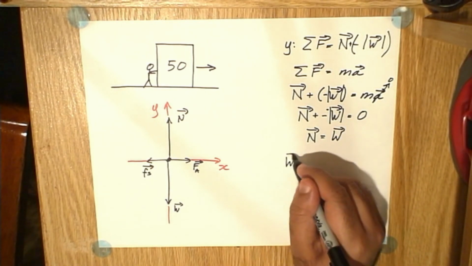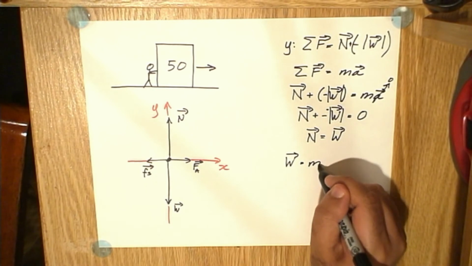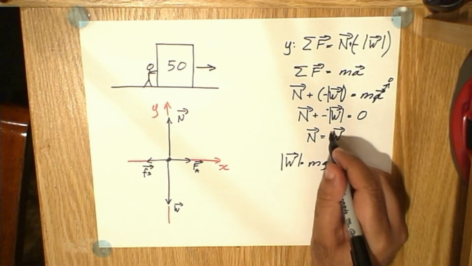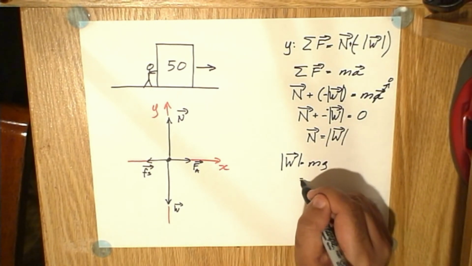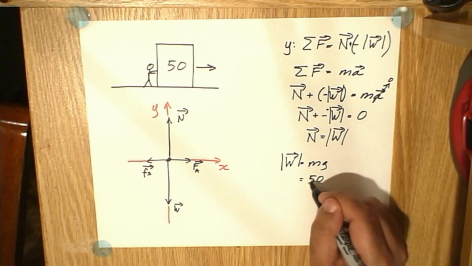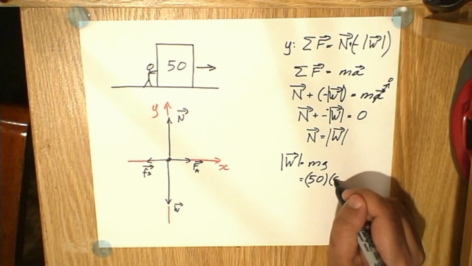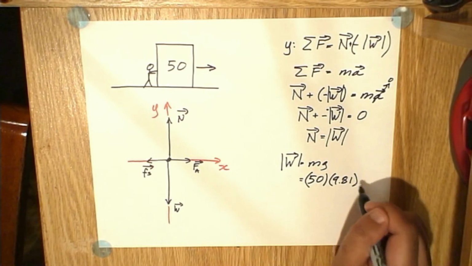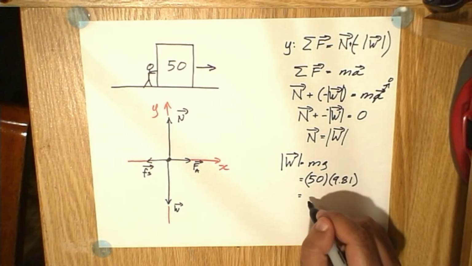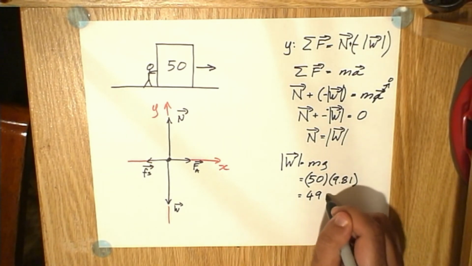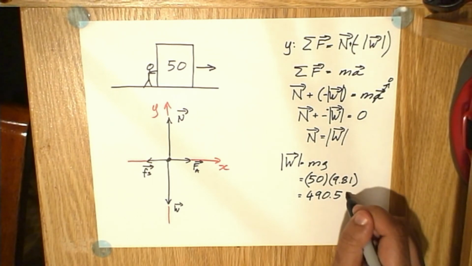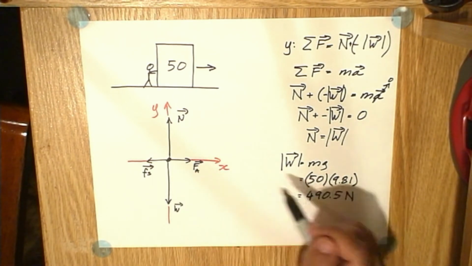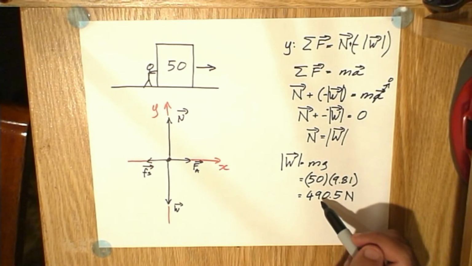The size of the weight force is equal to mass times gravity, which is 50 times 9.81, which works out to 490.5 newtons.